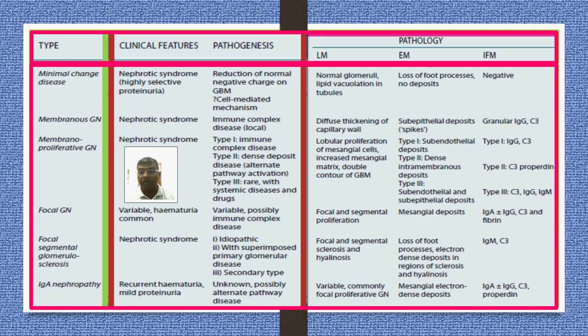So on electron microscopy, in minimal change, there will be no deposits and loss of foot processes will be there. But in focal segmental glomerulosclerosis, there will be loss of foot processes and electron dense deposits in the regions of the sclerosis and hyalinosis. The deposits for focal segmental glomerulosclerosis will be IgM type. In focal glomerulonephritis, IgA. In focal segmental glomerulosclerosis, it is IgM and C3.